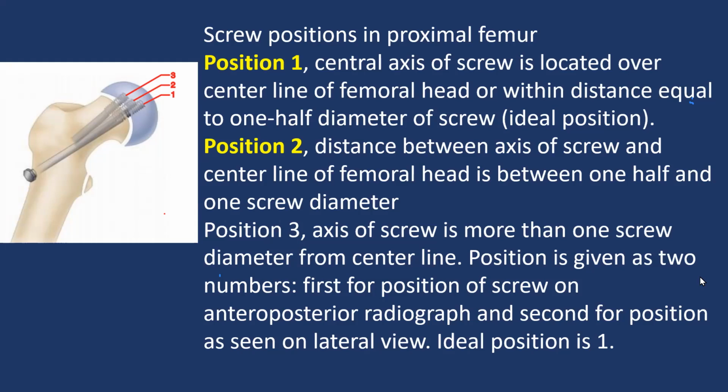Position 3: the axis of the screw is more than 1 screw diameter from the center line. Position is given as 2 numbers: first for the position of the screw on the anteroposterior radiograph, and second for the position as seen in the lateral view. So these are just how to put the screw in.